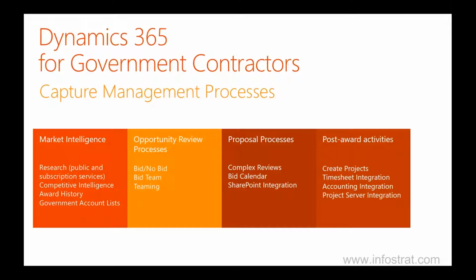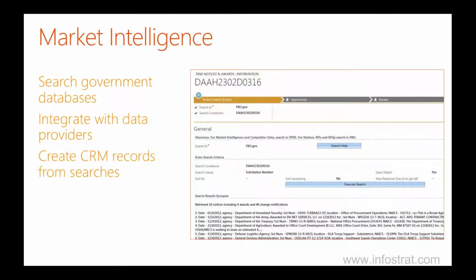What we've done with Dynamics 365 is take the data elements that are used in sources such as FedBizOps and GSA Advantage, FPDS, the Federal Procurement Database System, and others to add those data elements.